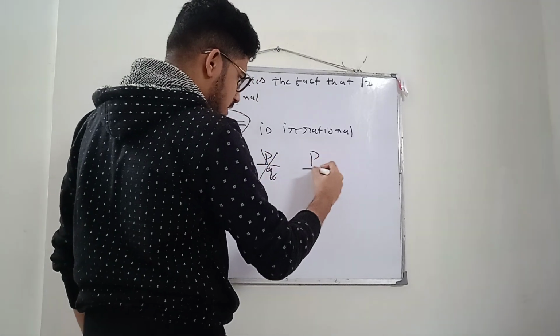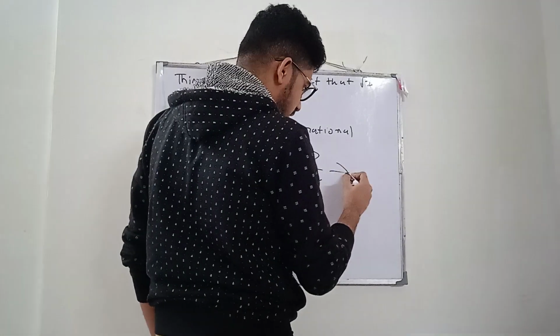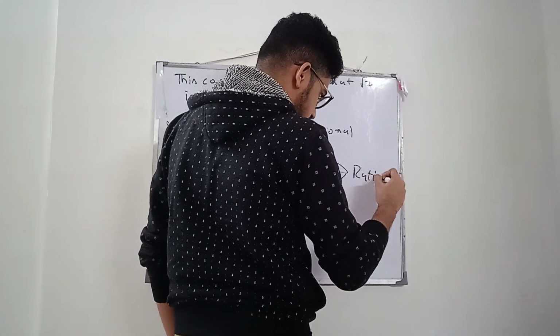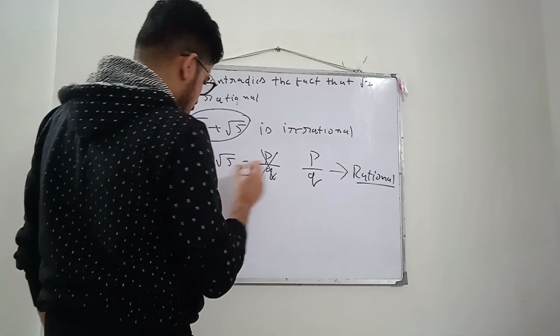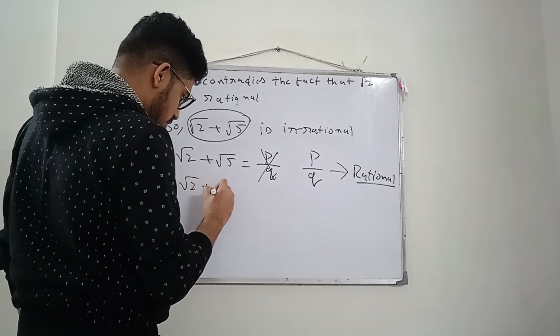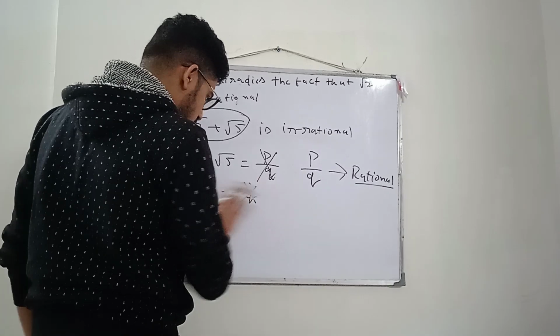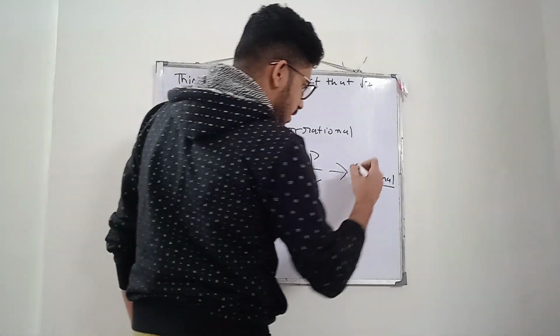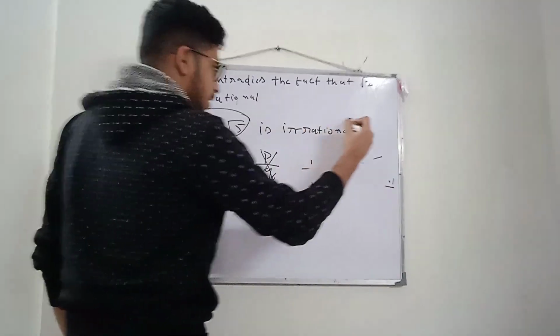A fractional number p by q is called a rational number, but we proved that root 2 plus root 5 is not p by q. So that's why it is an irrational number.